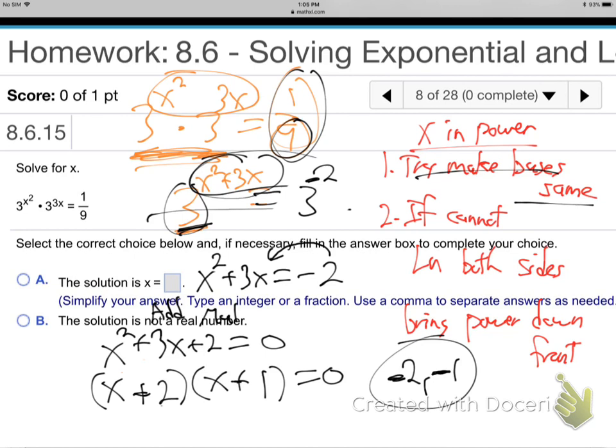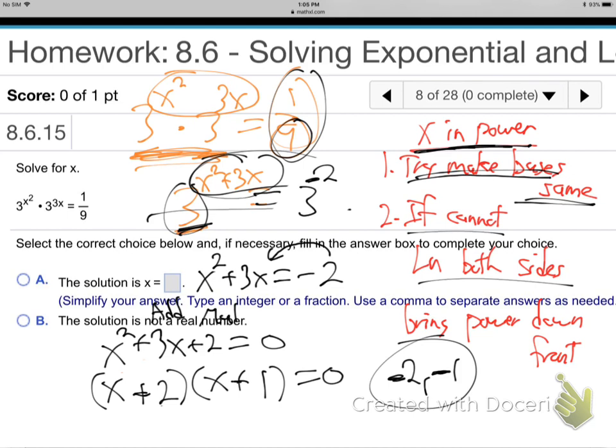So when we see these, there's so much on the next test and it can be kind of hard. This one also is at the level of difficulty of exam 4. 4 and 5 are the two hardest exams by far in this class. You can see why the material's hard. How are you going to recognize this with all the stuff we're doing? Well, x in power. That's the key. When x is in power, you try to make the bases the same, and if you can't, then you do the ln on both sides.